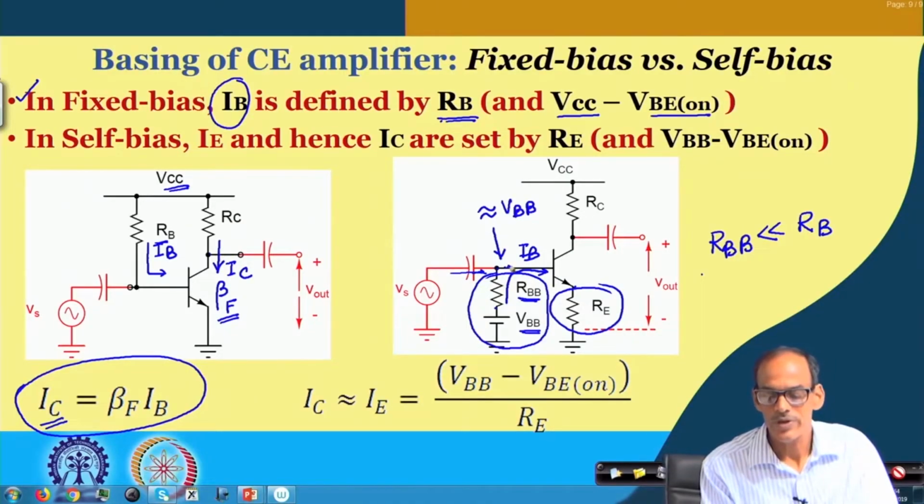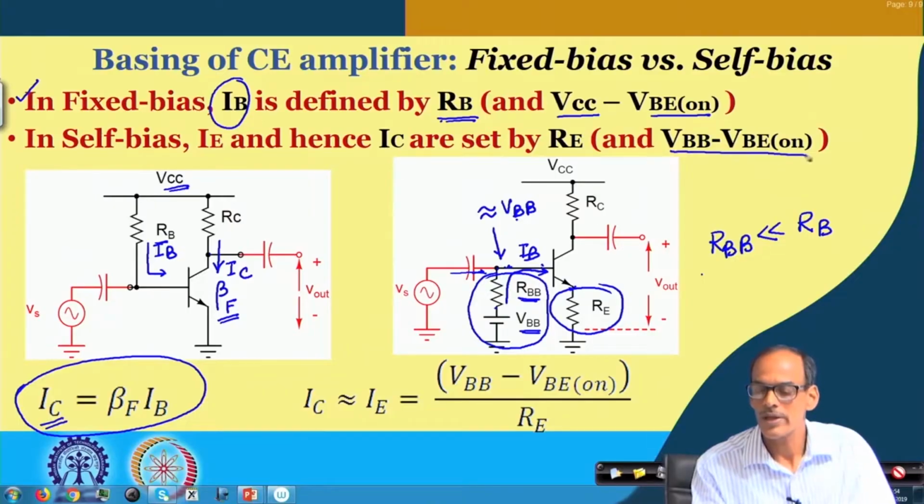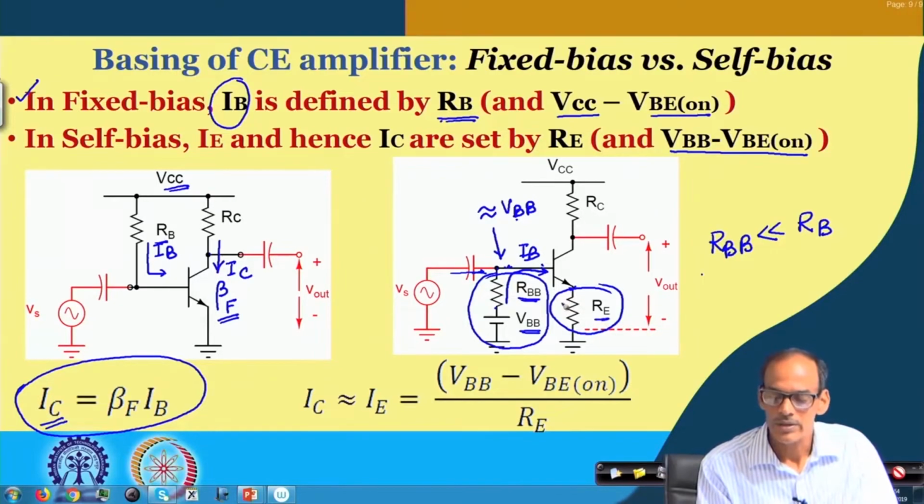Now, once this DC voltage remains almost constant, VBB minus the base to emitter on voltage, VBE on, divided by this RE defines the current flow here.